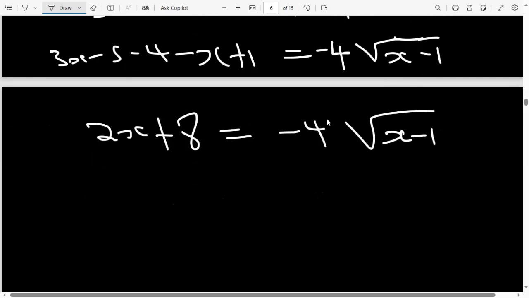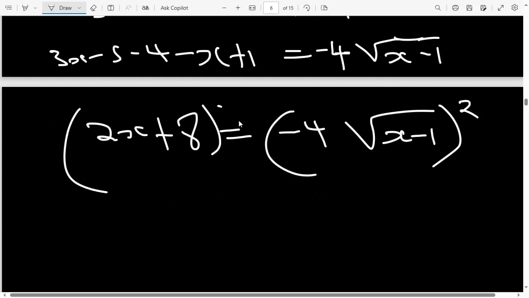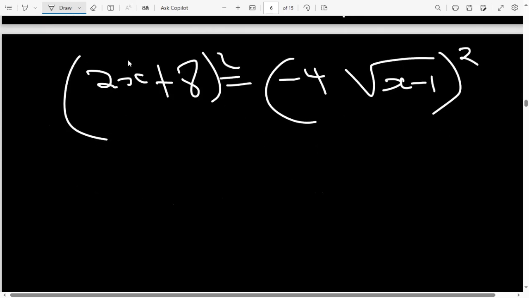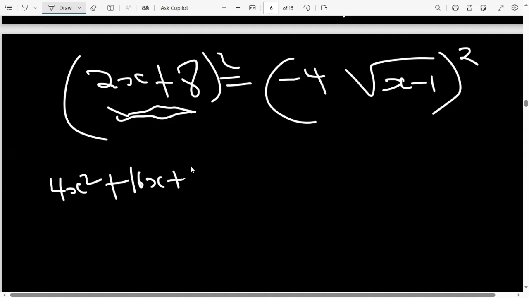So what are we going to do in order to eliminate this root? We are going to square both sides. This one will be this expression multiplied by itself. So what are we going to get? 2x multiplied by 2x, we're going to get 4x squared. 2x multiplied by 8, we're going to get 16x. 8 multiplied by 2x, we're going to get 16x. 8 multiplied by 8, we're going to get 64.